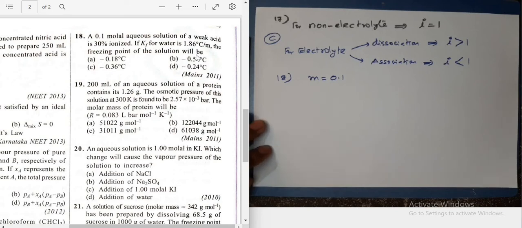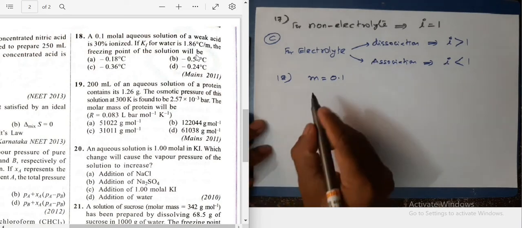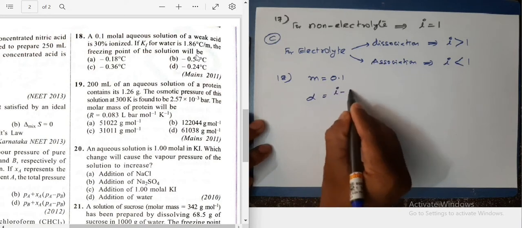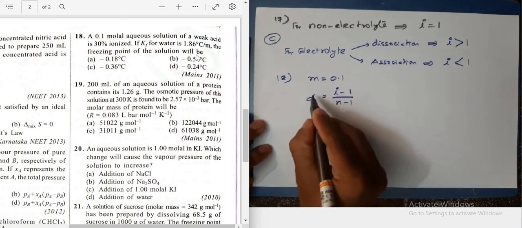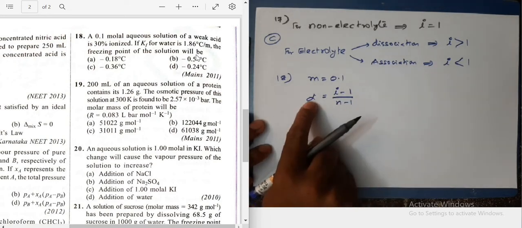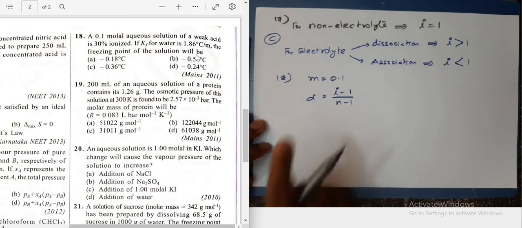You know very well the Van't Hoff factor i and degree of dissociation alpha: alpha is equal to (i minus 1) by (n minus 1). Now degree of dissociation is given, and they are asking the freezing point of the solution.